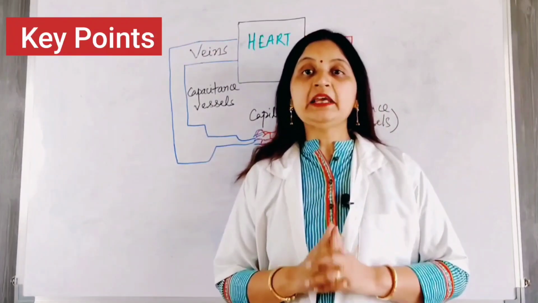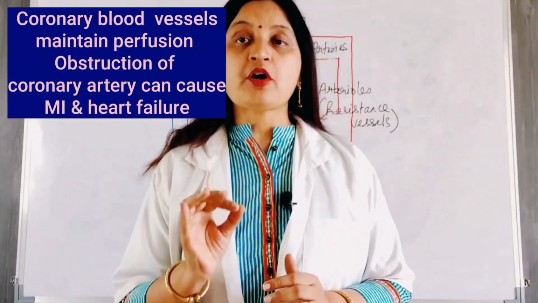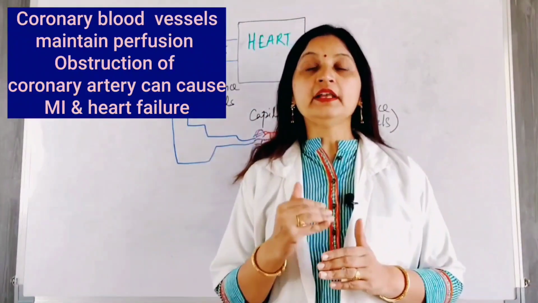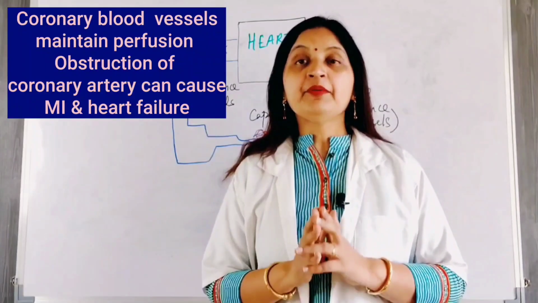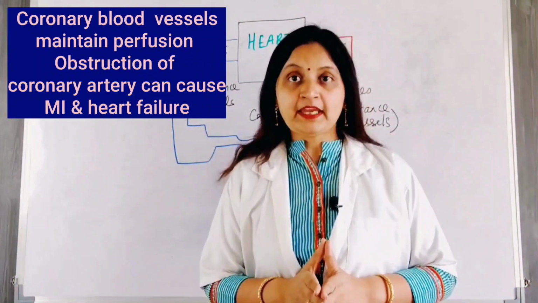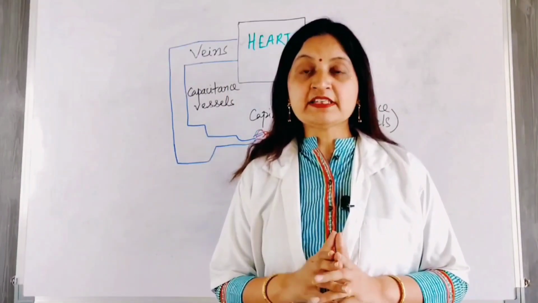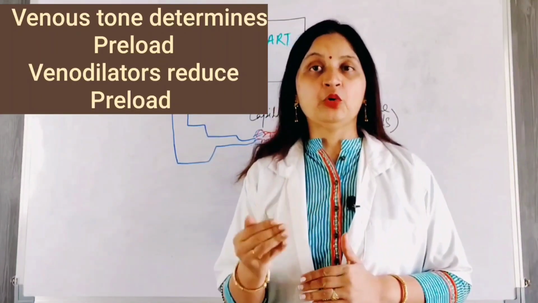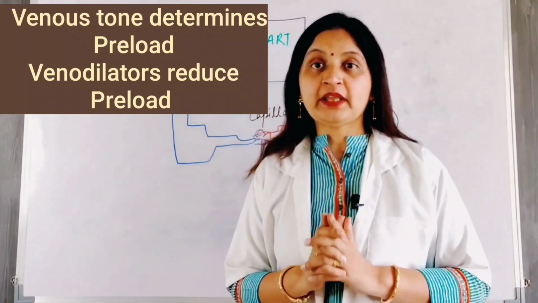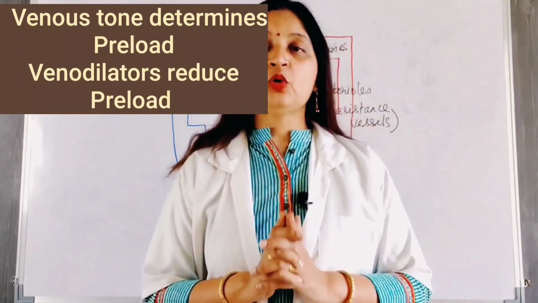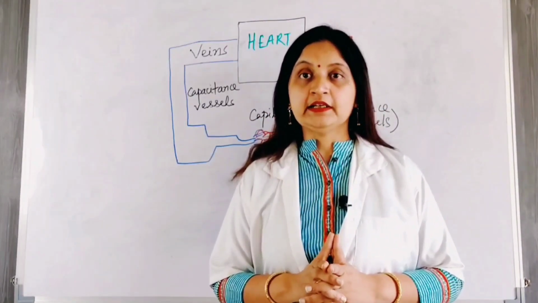So to sum up the key points, the tone of the coronary blood vessels controls the myocardial oxygen supply. So coronary artery dilators help to maintain perfusion to the heart and prevent the development of ischemic events and heart failure. The tone of the venous blood vessels contributes to preload. So vasodilators decrease the end diastolic volume, decrease the preload and the workload on the heart, and prevent the development of heart failure.